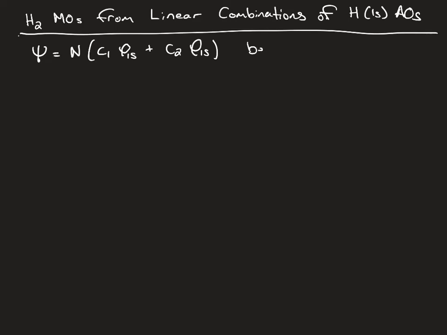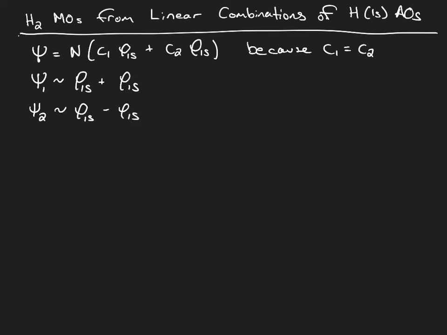Here, because C1 equals C2, we're going to say that this wave function, which we're going to call psi1, is going to be approximately the 1s orbital plus the 1s orbital. Here, psi2 is the out-of-phase combination, so it's going to be 1s minus the 1s orbital. We can look at this visually.